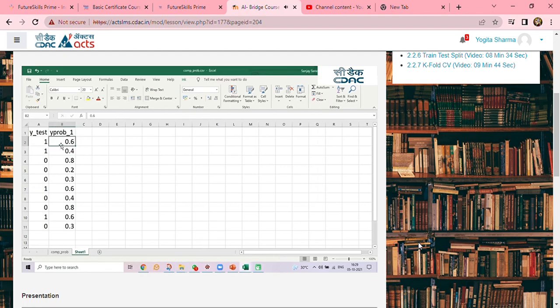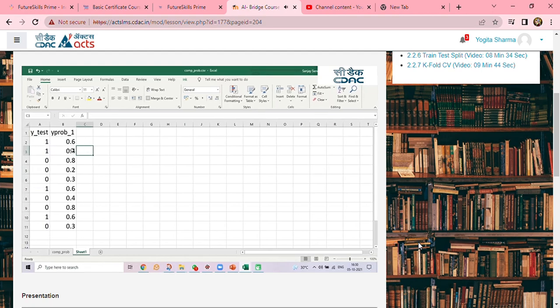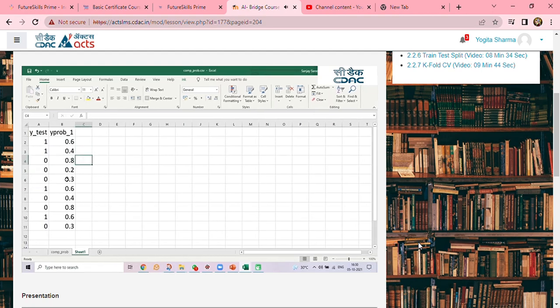This is the probability of occurrence of 1 which this model has given. It is 0.6. Naturally, if the probability of occurrence of 1 is 0.6, then the probability of occurrence of 0 will be 0.4. For this particular case, the probability of occurrence of 0 will be, needless to say, 0.6. For this case it will be 0.2.